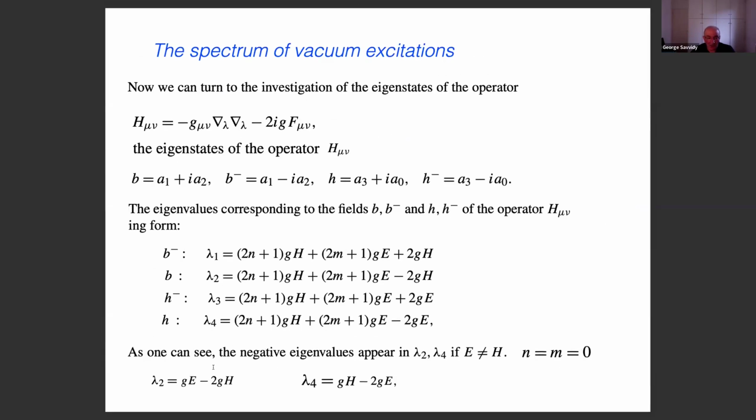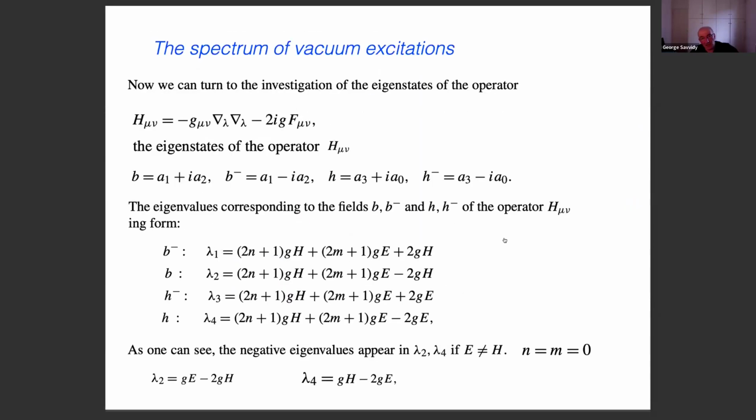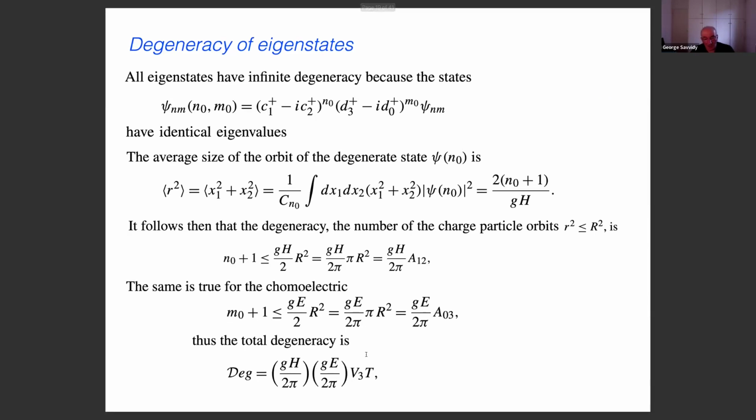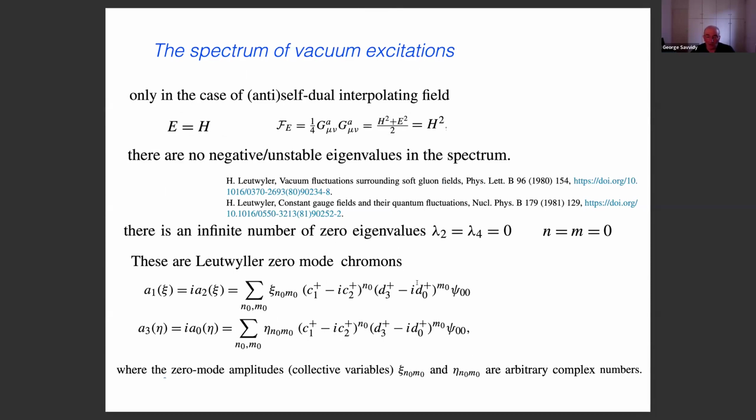And in that case, if E equals H, because I'm sorry for this 2, then this term nullifies, is equal to 0, and we have a 0 mode. And here we have also another 0 mode. So when n and m are equal to 0, lambda 2 and lambda 4 are equal to 0. And because of this degeneracy, which we discussed, it means that we have infinitely many 0 modes.